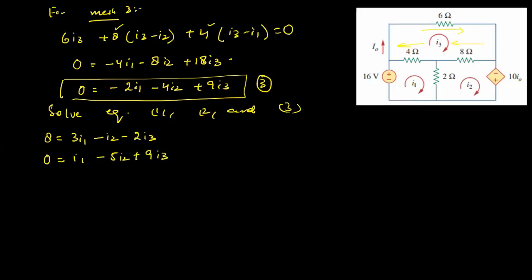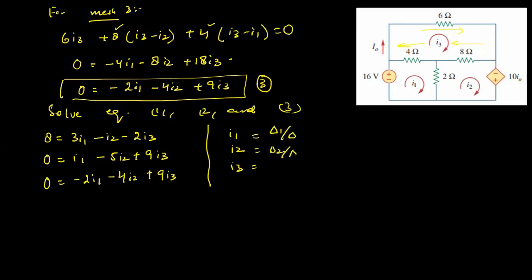And the third equation is 0 is equal to minus 2I1 minus 4I2 plus again 9I3. Now you know from the basics of mathematics, if I want to know I1, I2 and I3, according to Cramer's rule, this will be delta 1 by delta, this will be delta 2 by delta, and this will be delta 3 by delta.